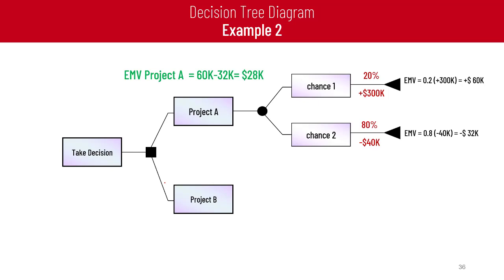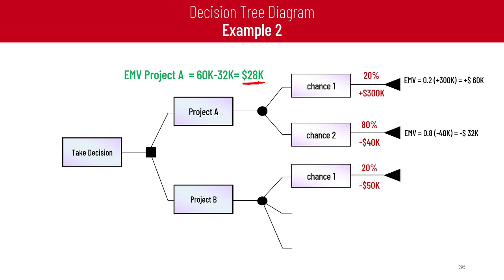Making our calculation, the expected monetary value for Project A equals 0.2 multiplied by 300k minus 0.8 multiplied by 40k. This gives us 28k.